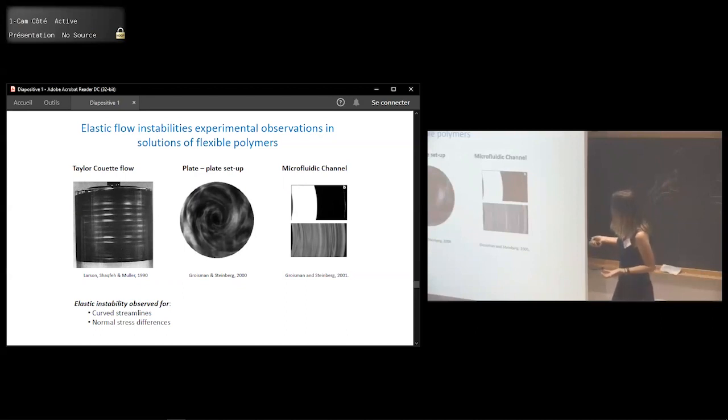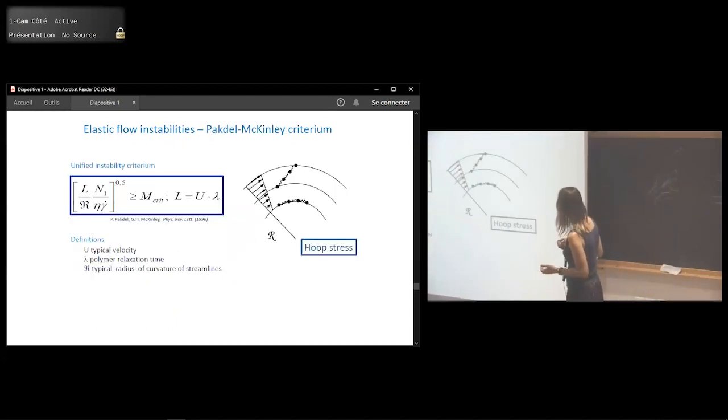So these studies that have been done in the 90s go back to a criterion by Pakdel-McKinley, where they explain the existence of these hoop stresses that we have already discussed quite a bit. If you have a curved streamline, you imagine that you stretch your polymer along the curved streamline, it will lead to a force that will pull inwards. Okay?